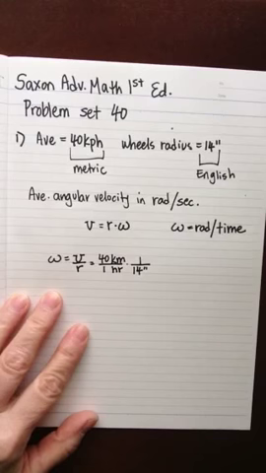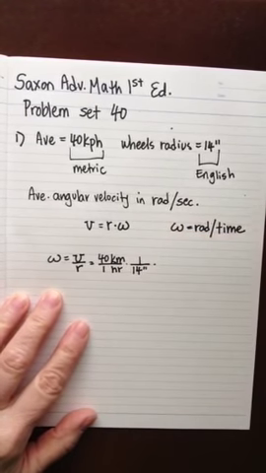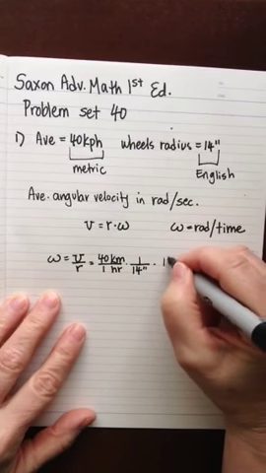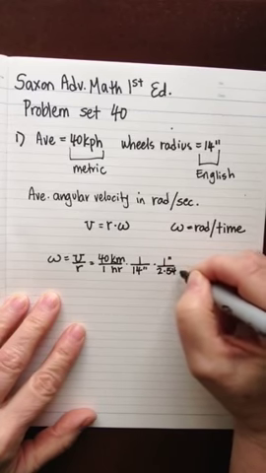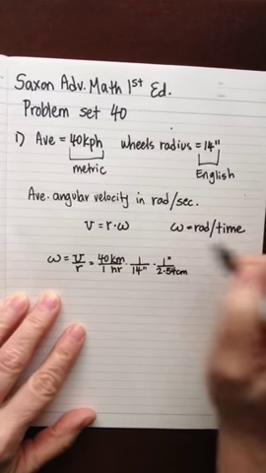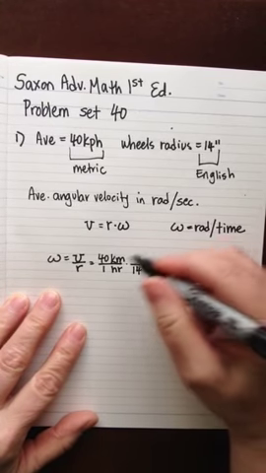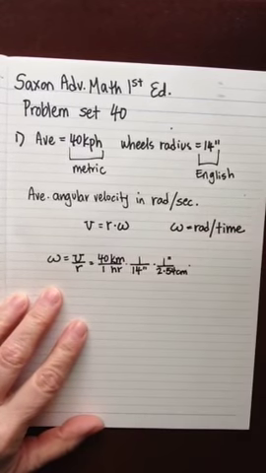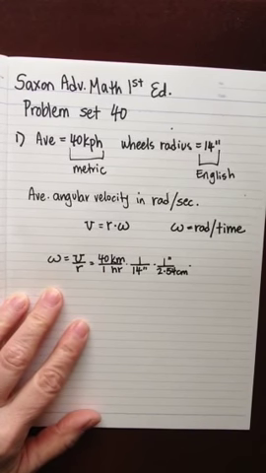So the first thing I want to do is change those inches to centimeters. And I'm going to have 1 inch is equal to 2.54 centimeters, and inches goes away. Then I want to get rid of these kilometers, so I can either get kilometers down to centimeters.